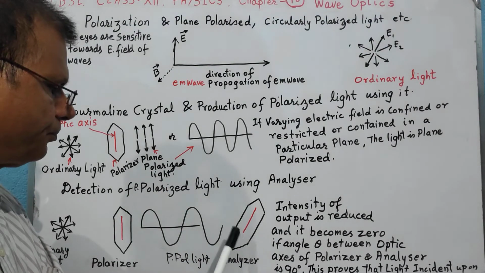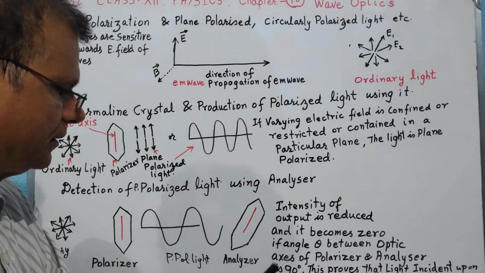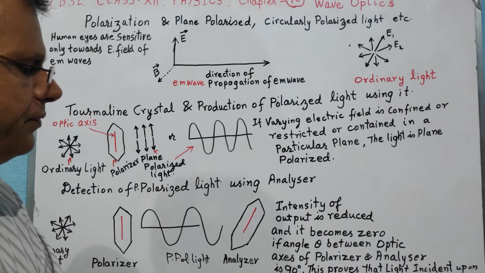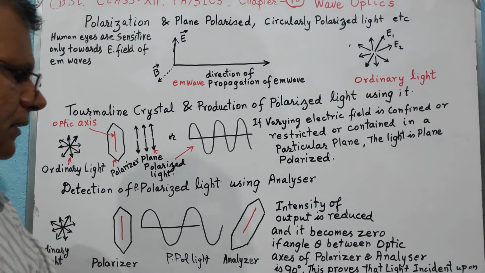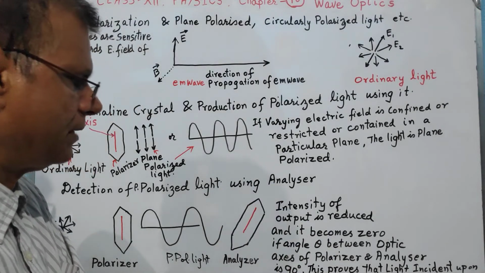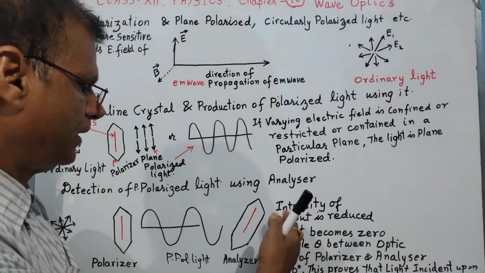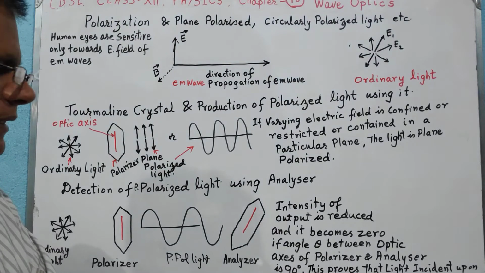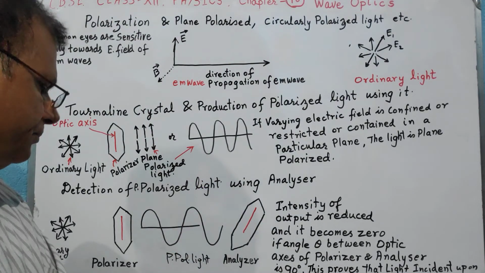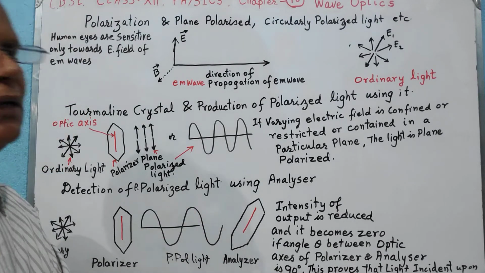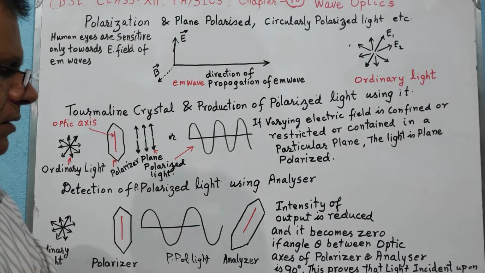So as the angle between these two optic axes increases from 0 and finally becomes 90 degrees, the output of the analyzer becomes 0. This means we don't get any light emerging out of the analyzer. This proves that the light which was incident on the analyzer was plane polarized light.